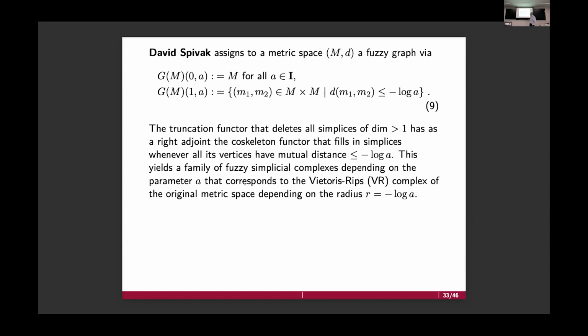So you fill in simplices whenever all its vertices have mutual distance less than a given number, because we want to look at this expanding family. And so this now leads to a family of fuzzy simplicial complexes that corresponds to the Vietoris-Rips complex of the original metric space. Probably you know what the Vietoris-Rips complex is. I will define it in a minute or so, because I still have 5 minutes.